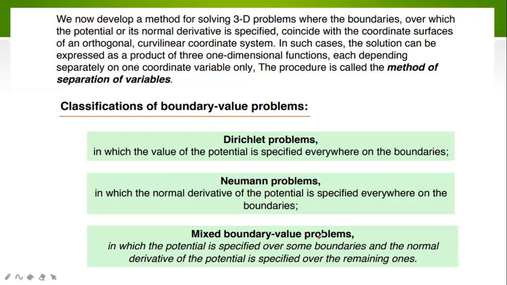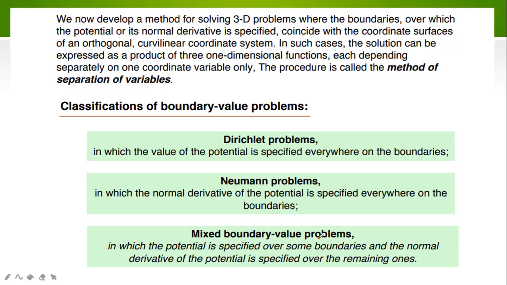Okay, now coming to some really important aspects of the method of images. We have discussed various types of problems we can solve using the method of images, like for a single plane, for two planes, for a sphere, for a cylinder, like for any symmetry we can use this method.